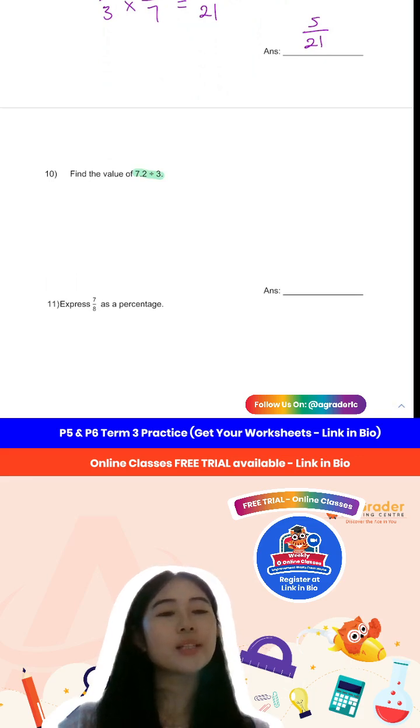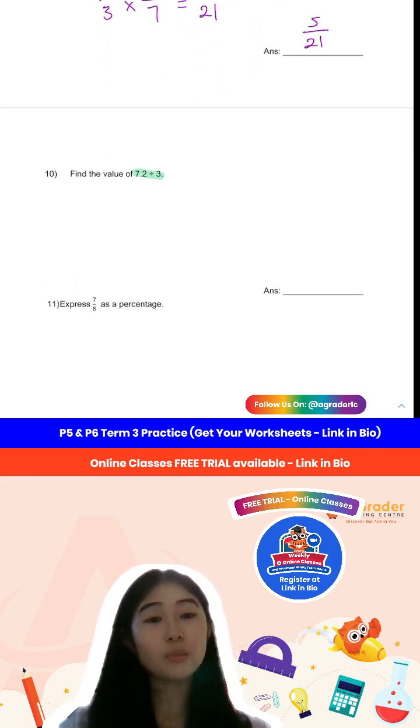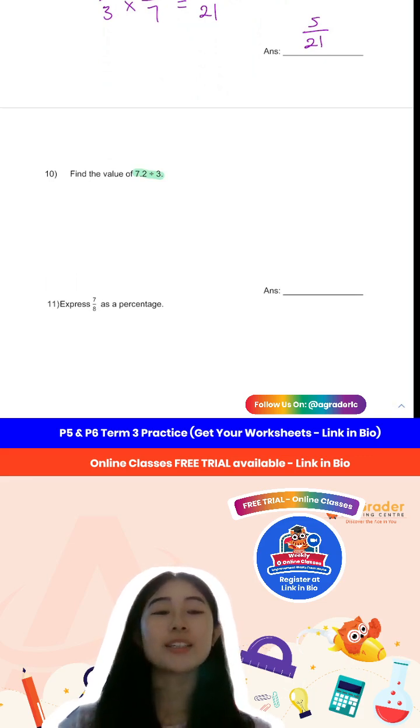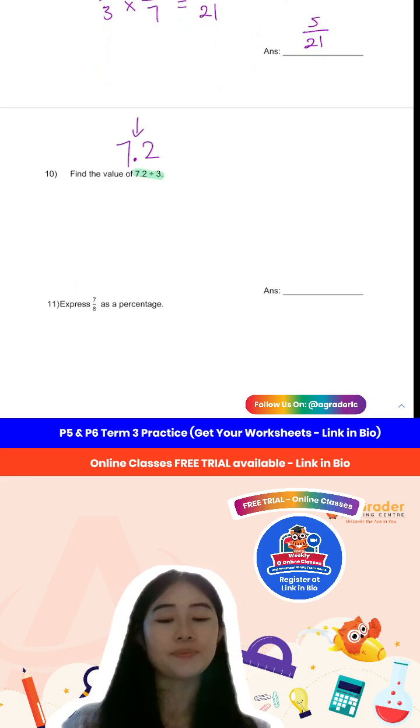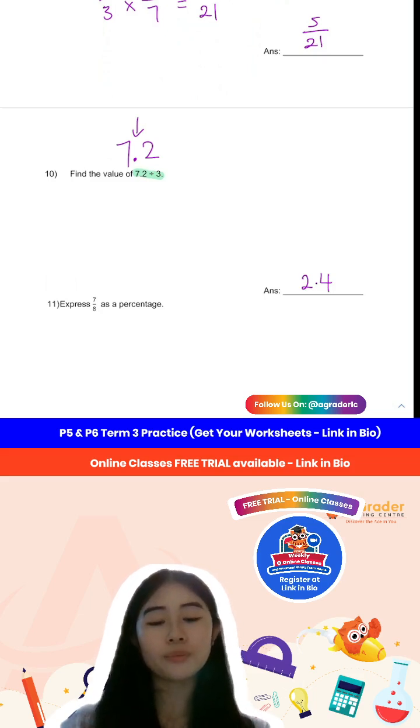All right, some of you say 24, some of you say 2.4. 2.4 is the correct answer, because there is a decimal place in 7.2. Your final answer should be 2.4.